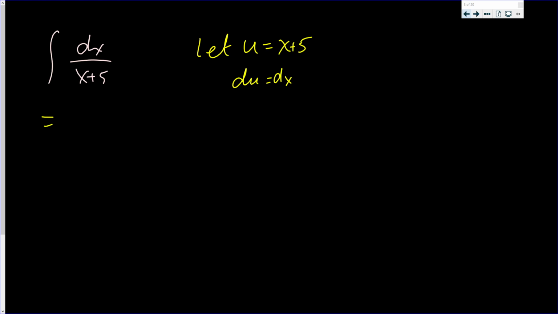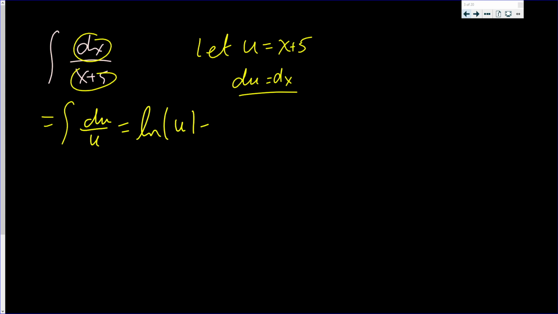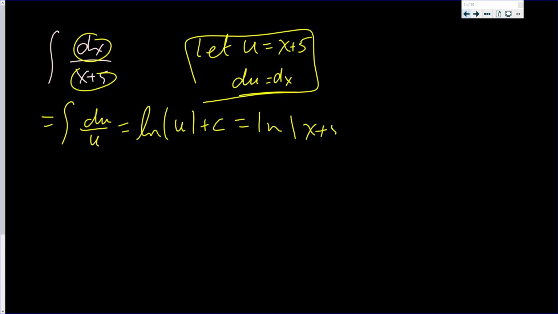Okay, so there's an integral sign. Instead of dx, I can write du. Instead of x plus 5, I can write u. I know this integral is ln of the absolute value of u plus c. Just substitute back in what u was, and you'll be okay. Plus c.